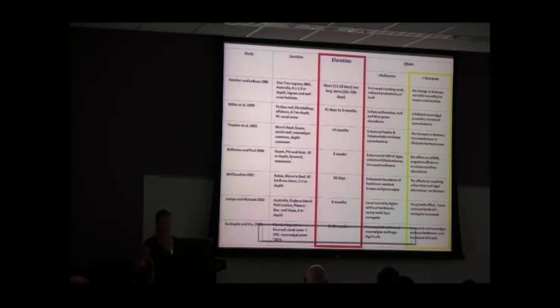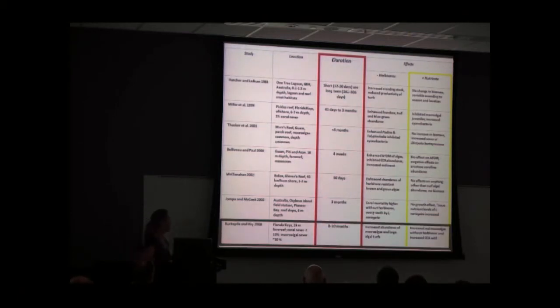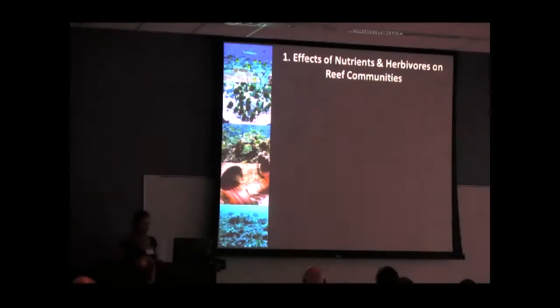And in fact, the only study, which was, again, one of our case studies, Darren Brown, conducted a study for 8 to 10 months, and he actually found really similar results to those presented here. So this suggests that there may be some important time lag in the response of these benthic communities to nutrient enrichment, especially when we start from a bare substrate. So it may take a while for the species to settle that are actually going to respond to nutrient enrichment.